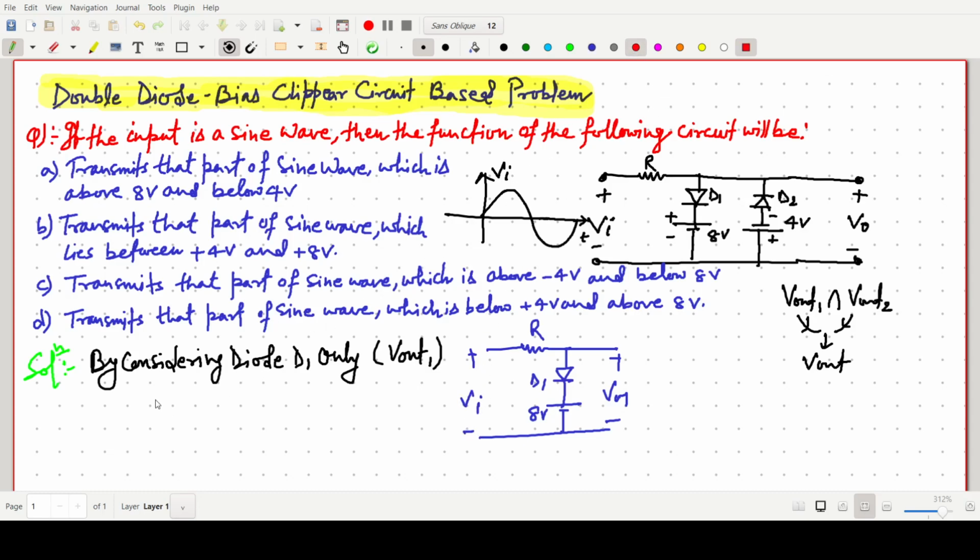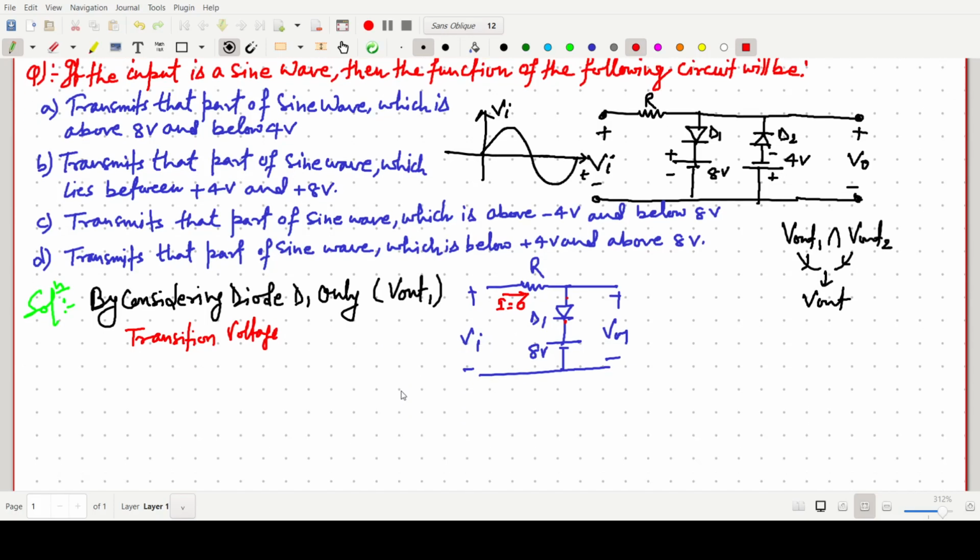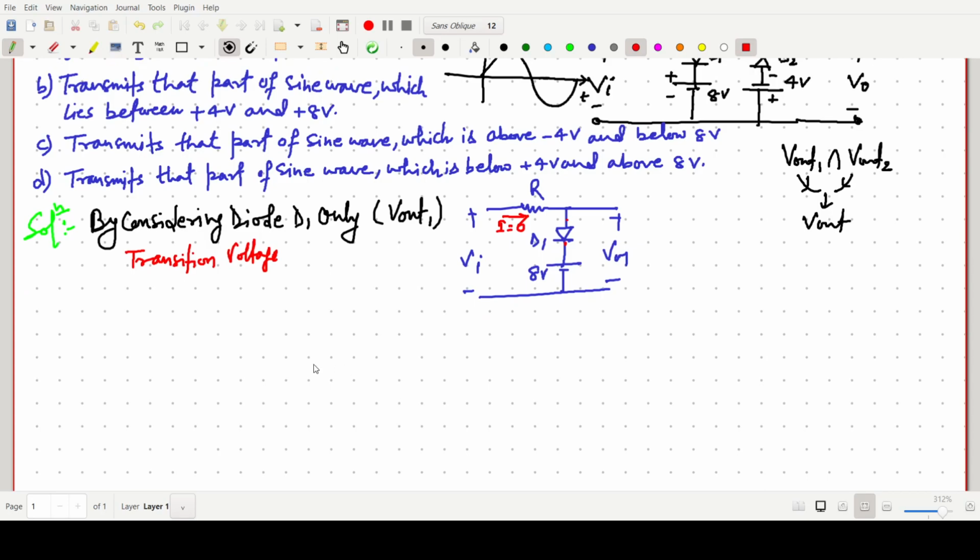The very first step, as I have already discussed, is to find the transition voltage. In the case of the transition voltage, the current in the resistor is 0 and the diode is short circuited.